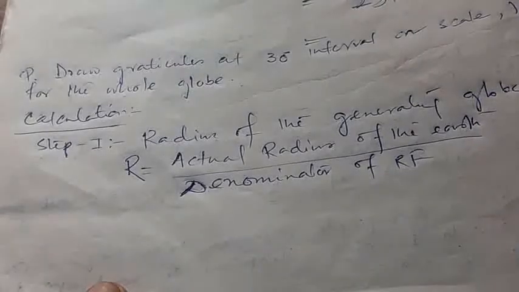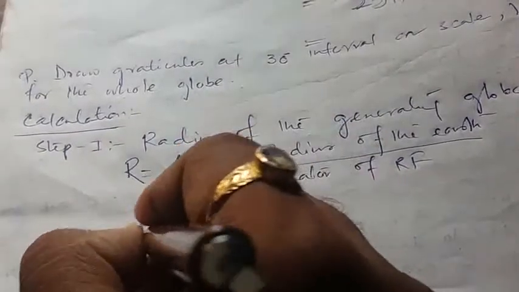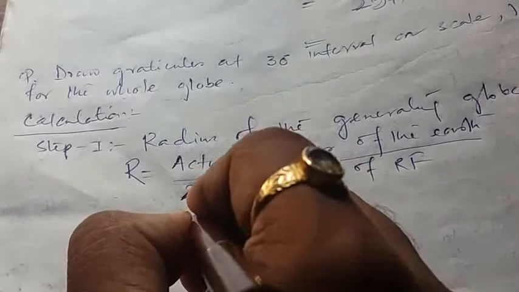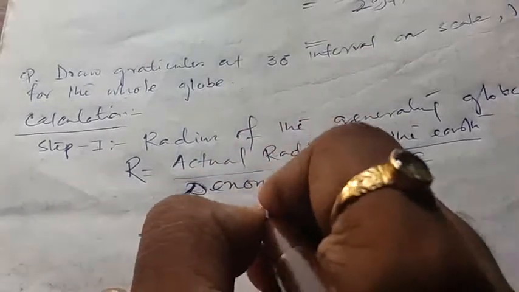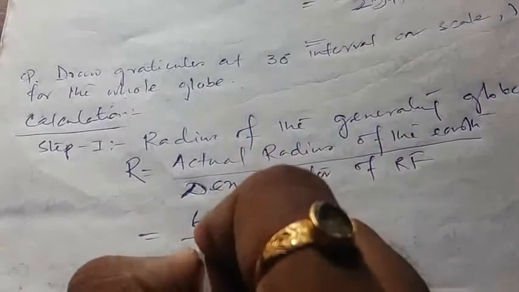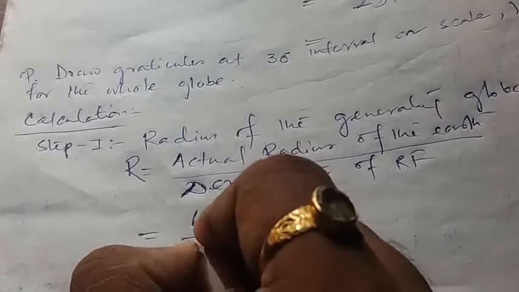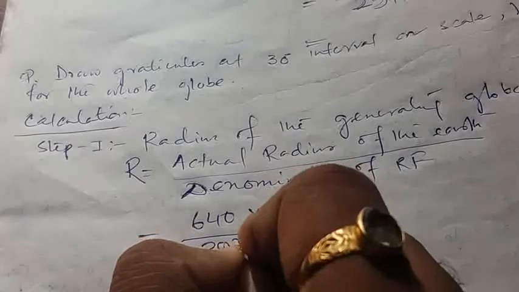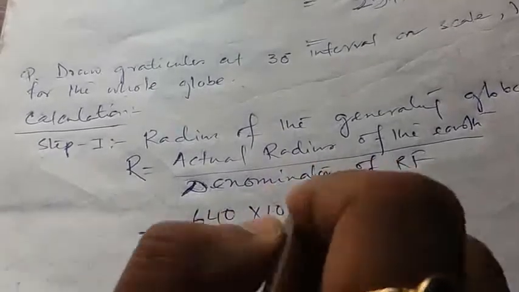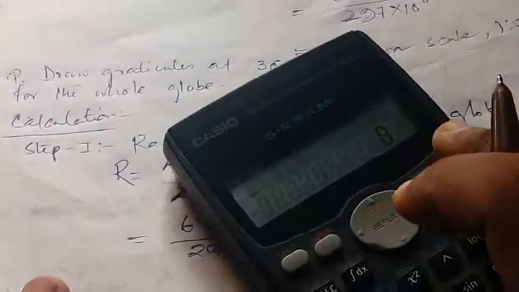Now, the actual radius of the earth is 640 million and the given denominator of the RF is 297 million. Let's calculate it and see what it shows.